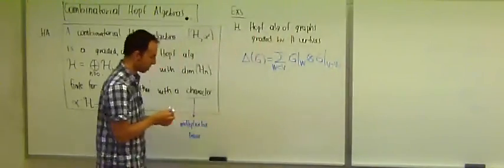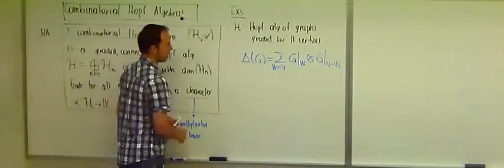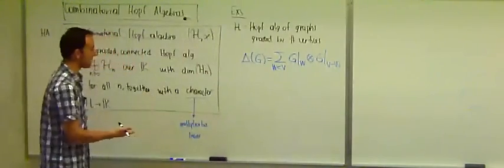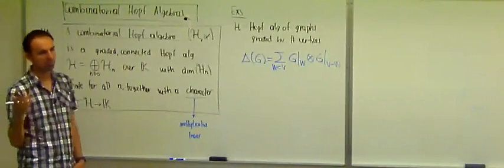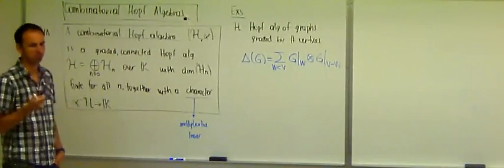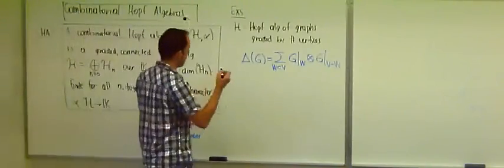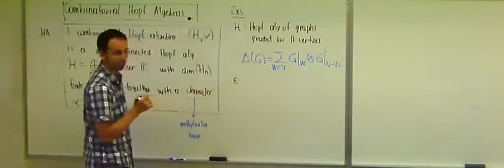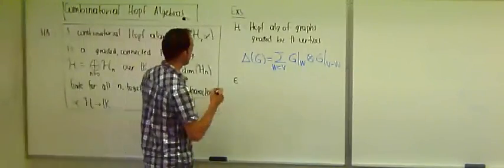Then we also have to choose a character, and as you have seen, there are really many different choices for characters. Any multiplicative function of a graph. One easy choice is to just choose the co-unit. You can always do this because the co-unit is always a character.